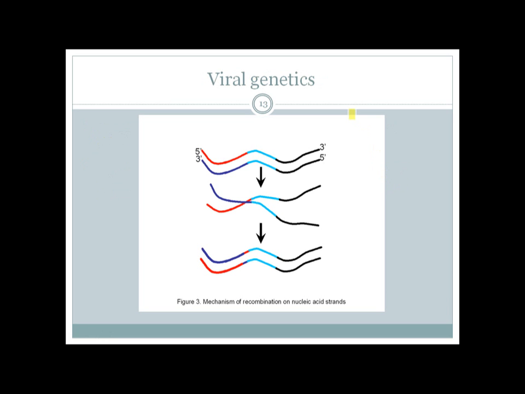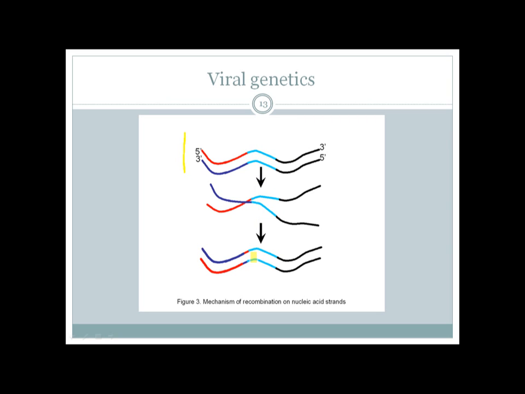So here we come to some viral genetics. What you can see here, in the above panel, are 2 strands. One is 5' to 3' and another is 5' to 3' in different directions. Those strands are now crossing over, and after some time they share some genetic material.